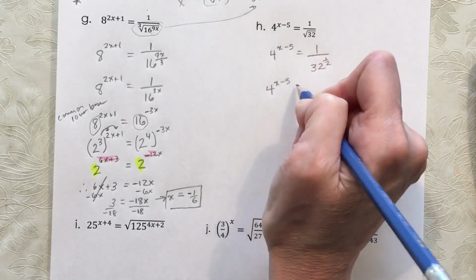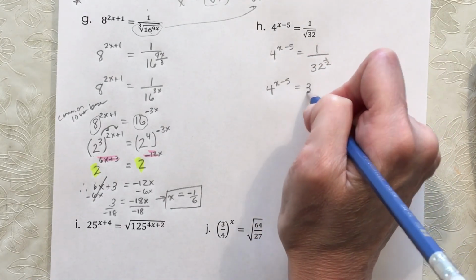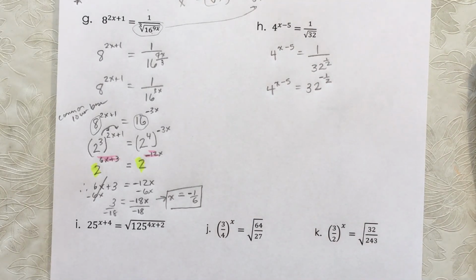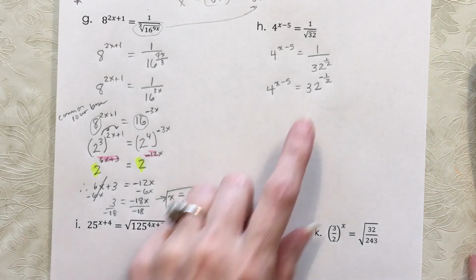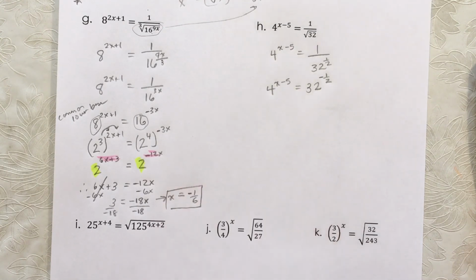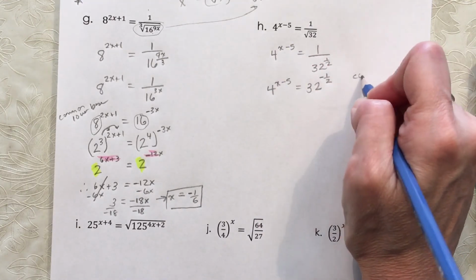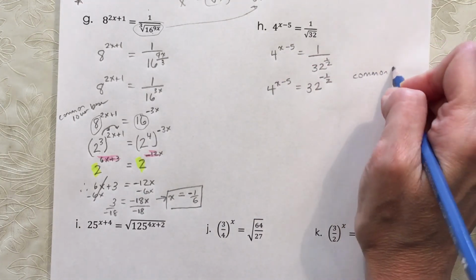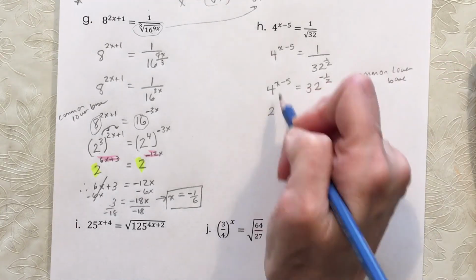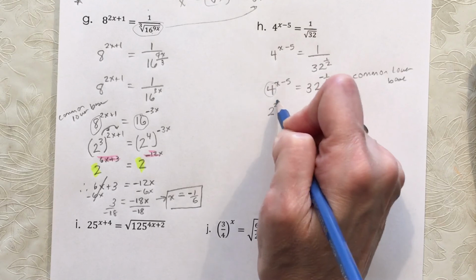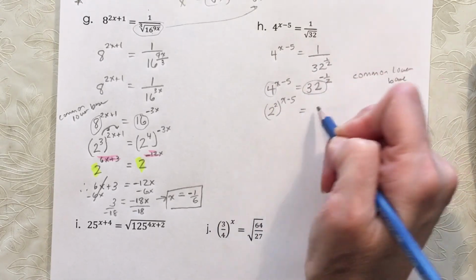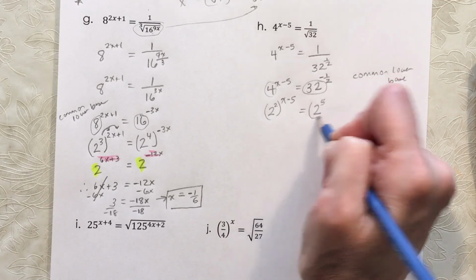Then we want to get the 32 in the numerator and make the exponent negative. 32 cannot be written as a power of 4. 4 squared is 16, 4 cubed is 64, so we need a common lower base. Which is 2, so 4 is 2 squared. 32 is 2 to the 5th.